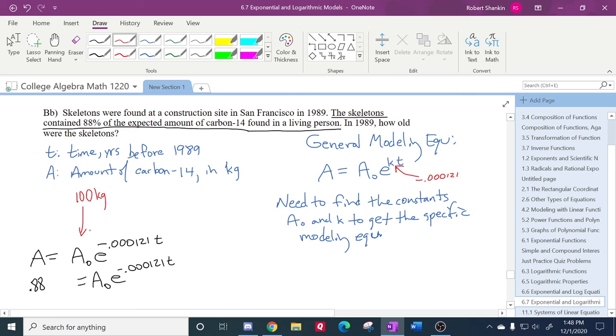What's 88% of 100 kilograms? It would be 88, because you take 0.88 times 100. It's 88% of something. So if you did it like this, if that was 100 kilograms and you put 0.88, that would be less than 1% of that. So you've got to multiply it by the initial amount.